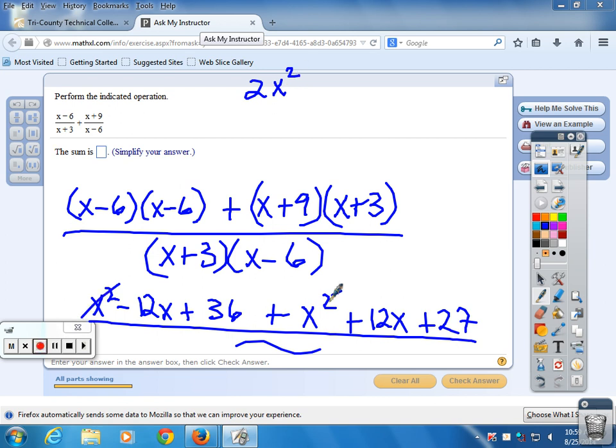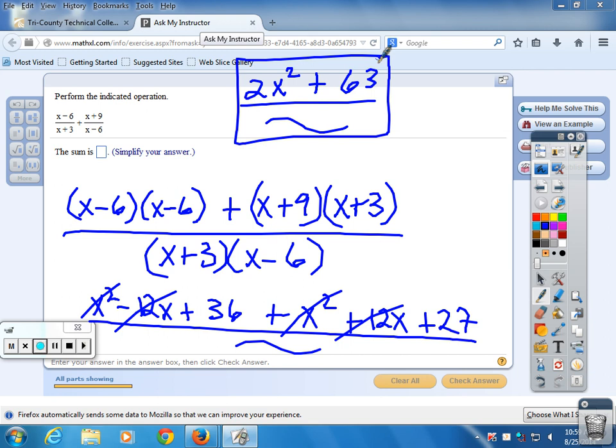Negative 12x plus 12x does what? And 36 plus 27, is it positive? Over the common denominator. I don't see anything coming out of that because 63 is not a perfect square, 2x squared is not a perfect square, and there's not a sum of two squares. You can't factor out a 2 unless you want a fraction, so that's probably your answer.